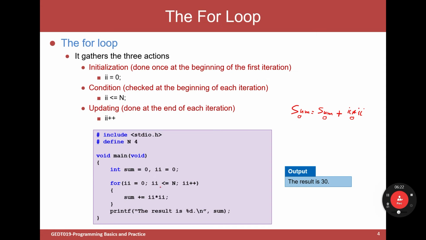Now, because here I have I equal 0 until I is less than or equal 4, as you see here, until this one is I is less than or equal 4, do what? I plus 1.